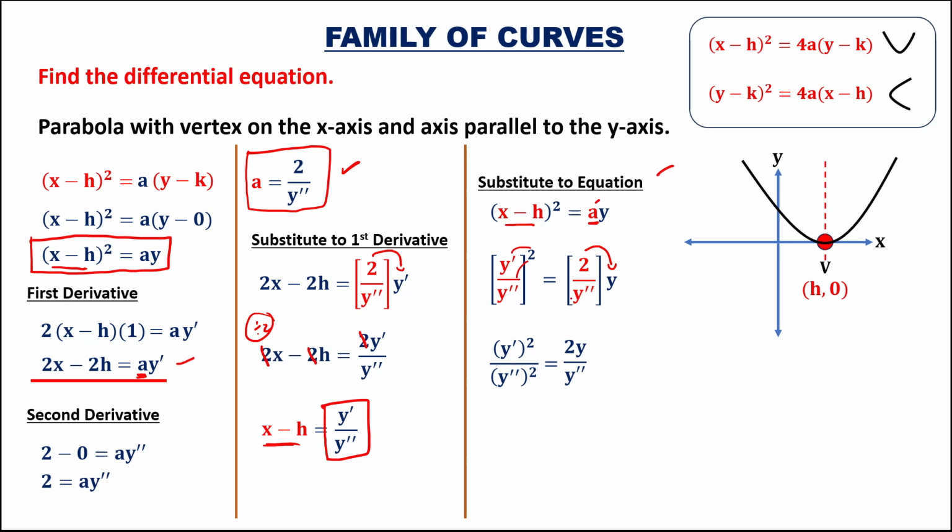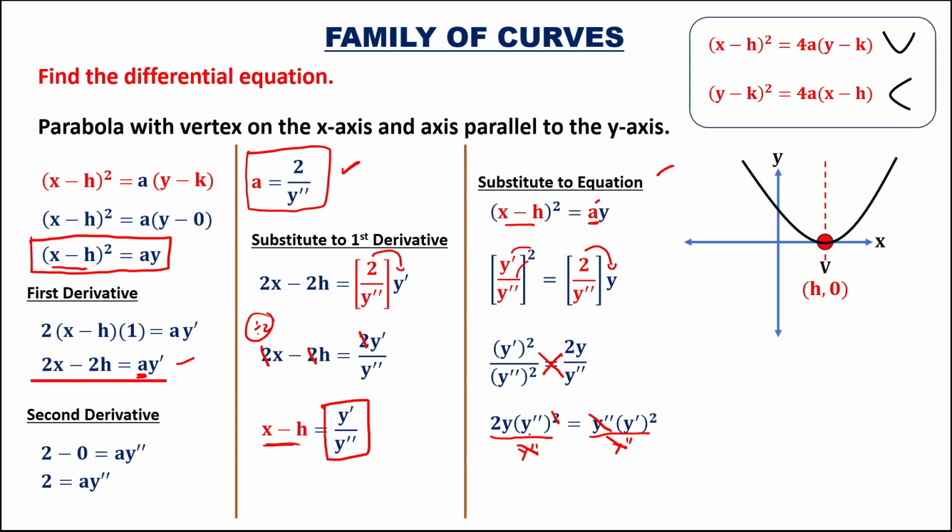Then we can do the cross multiplication. So this becomes 2y times y double prime to the power 2, and this becomes y double prime times y prime to the power 2. Then observe that in every term we can reduce by dividing by y double prime. So cancel the y double prime.